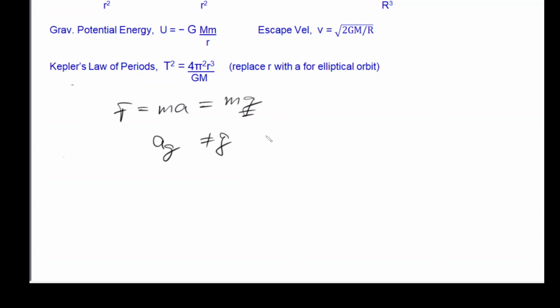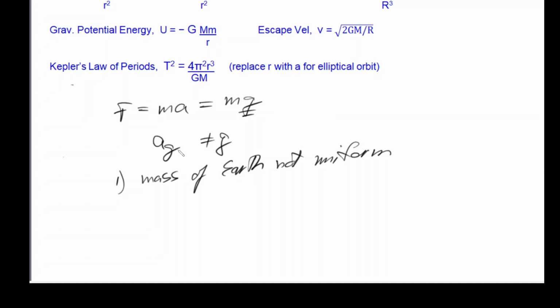And this is due to three factors. The first factor is that the mass of the Earth is not uniform. It actually can vary depending upon where on the surface you are.